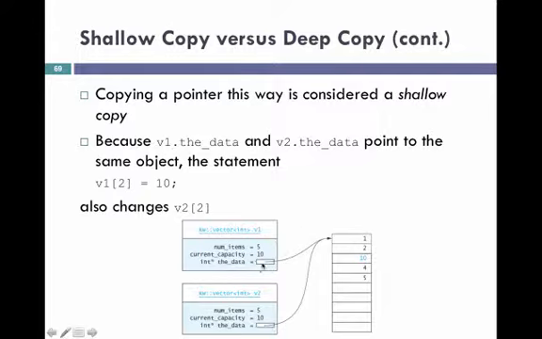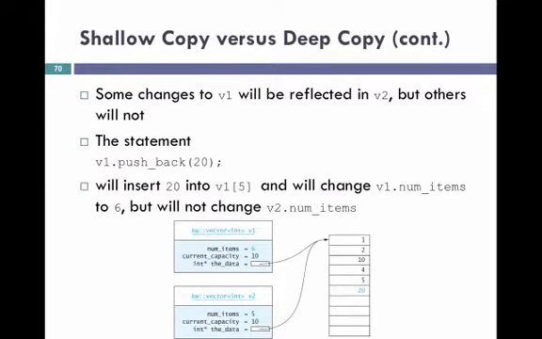Because the data pointer points to the same single array, when we make an assignment to a location of the array in v1, it also changes v2's array because they're shared. Now some changes to v1 will be reflected in v2, but others will not.